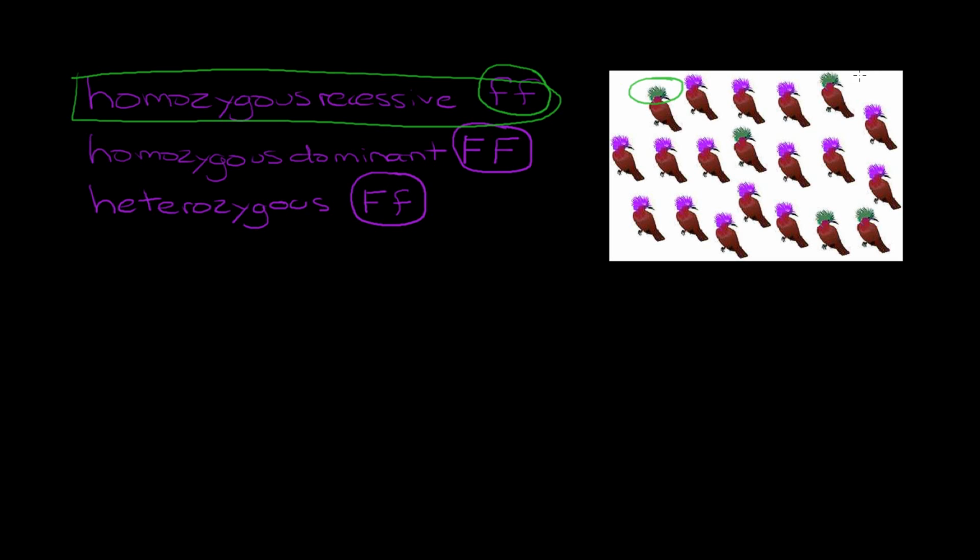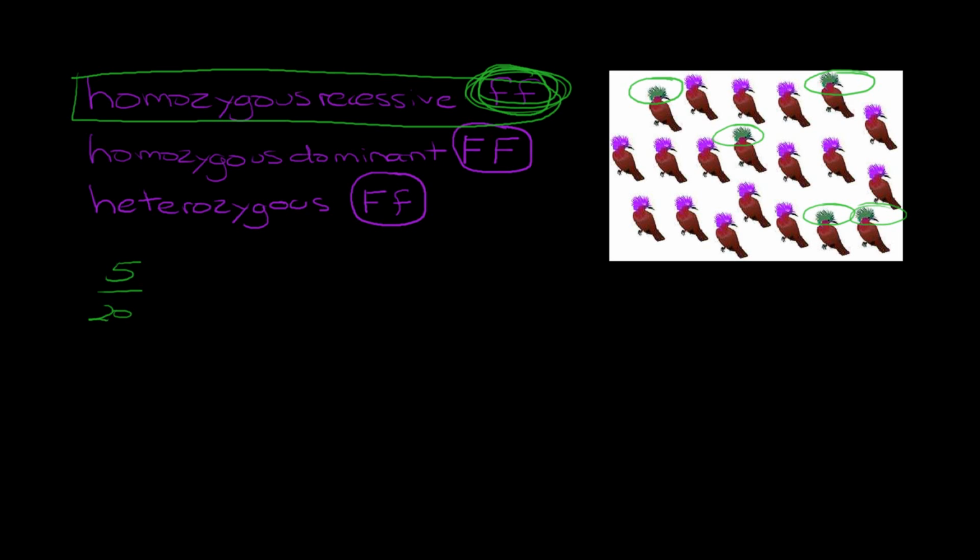So here's 1, 2, 3, 4, 5. So 5 out of 20 birds have green feathers, which means 5 out of 20 birds are homozygous recessive for green feathers. They have this lowercase f genotype.